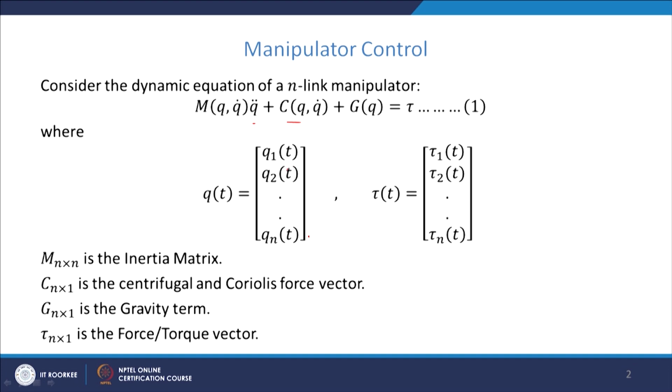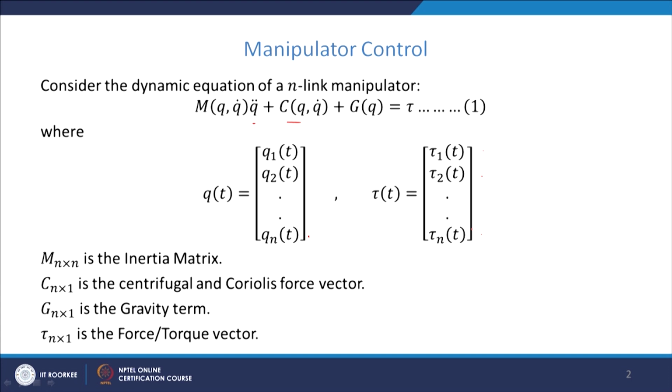If it is a revolute joint, qi denotes the joint angle, and if it is a prismatic joint, then qi denotes the linear motion of the joint. Similarly, tau denotes the torque at each joint, tau 1, tau 2 up to tau n.